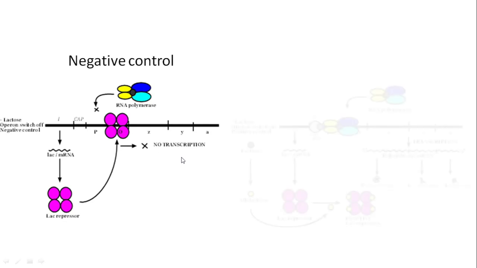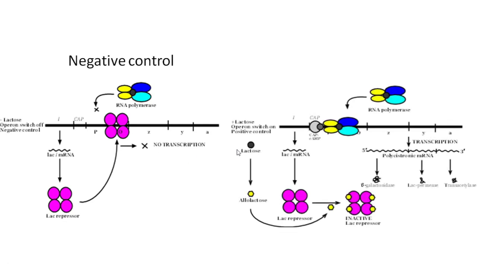Now when lactose is added in the medium, what happens? A basic amount of beta galactosidase is already present, and that converts lactose into allolactose. How would a basic amount of beta galactosidase be present?